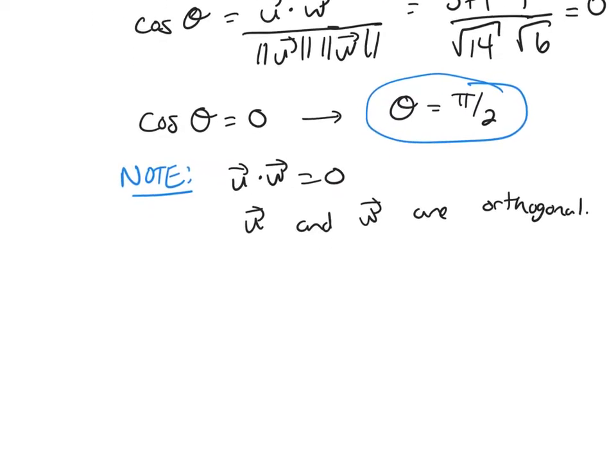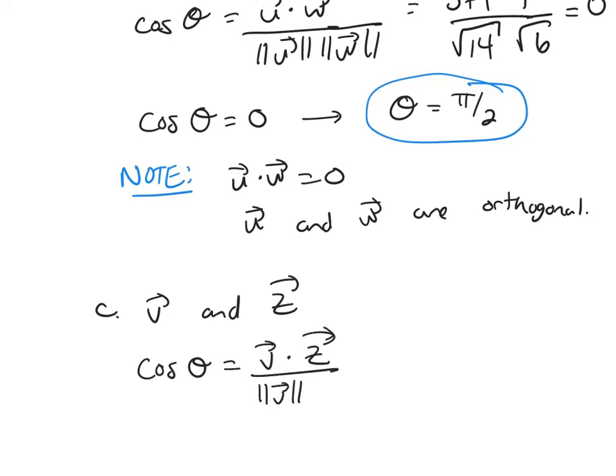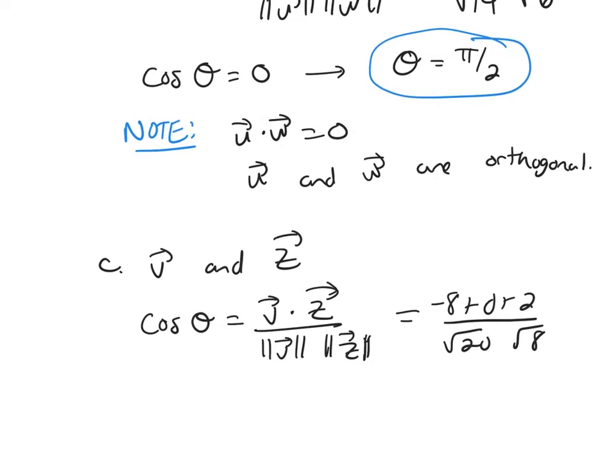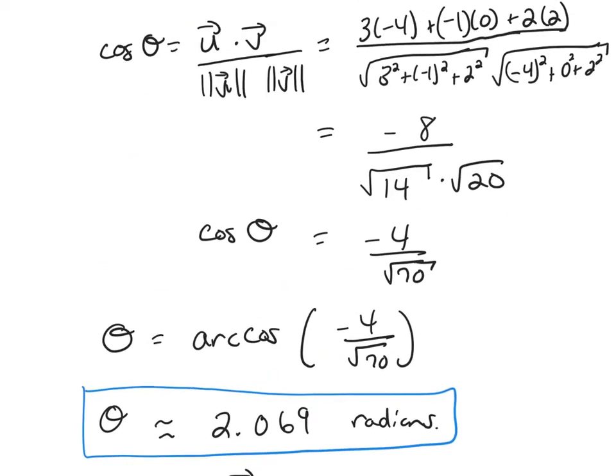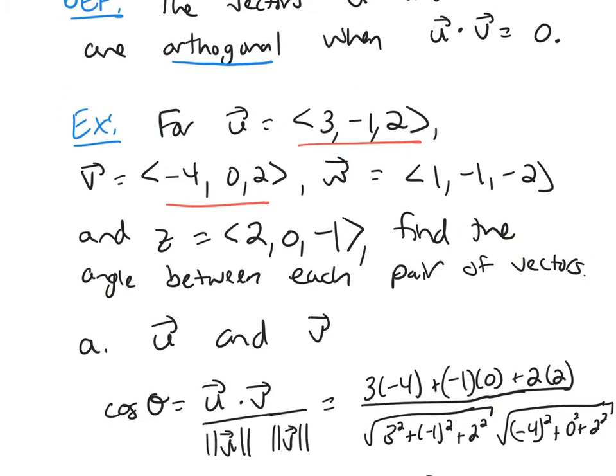Okay, one final one. Let's look at the vectors v and z. So if I compute cosine of theta, if I compute this dot product and divide by the magnitude of v times the magnitude of z, you'll get -8 plus 0 plus... let me double check something.